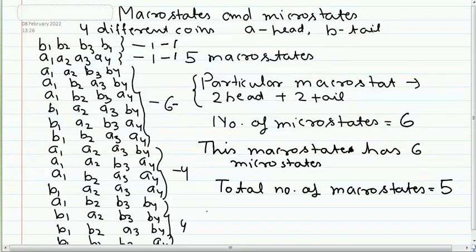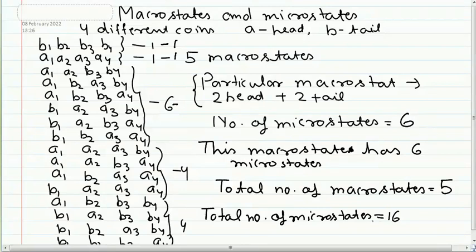So what is the total number of microstates in this example? Not corresponding to a particular macrostate, but the total. Yes, good, it is 16. So the total number of macrostates is 5 and the total number of microstates is 16.